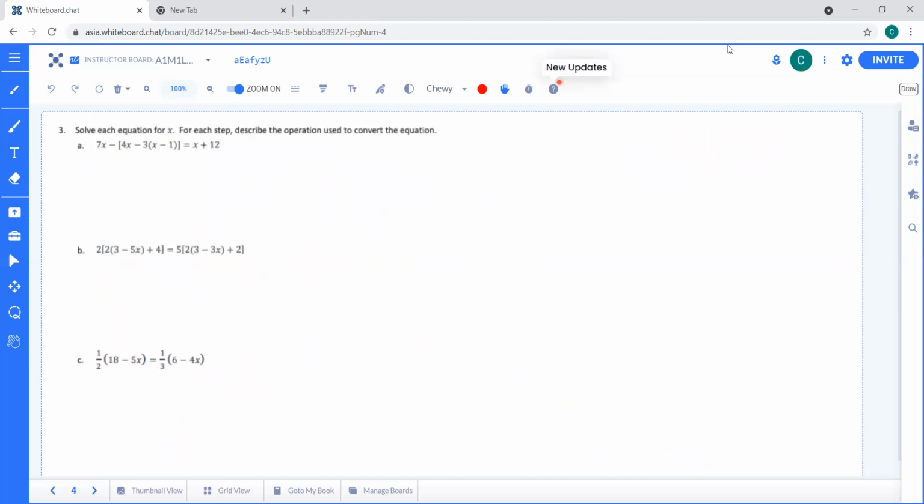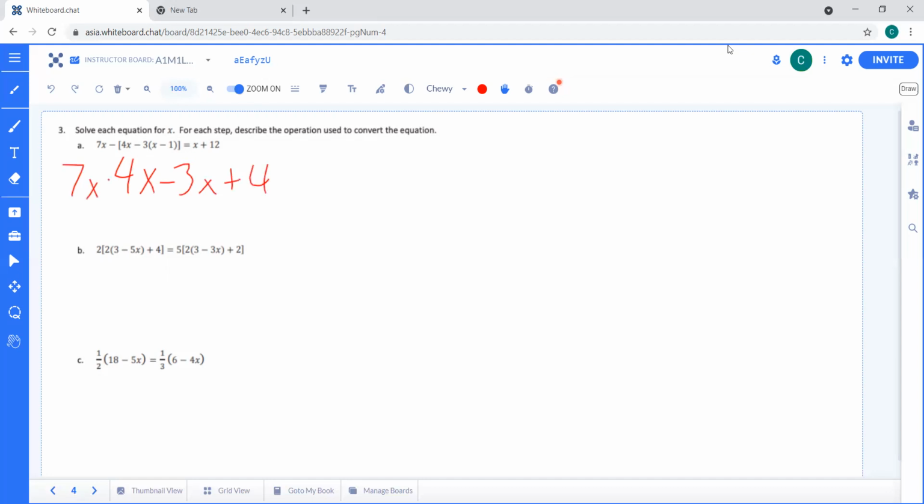All right, let's do another one. Do the same thing. I'm just going to talk you through it. I'm not going to write down everything that I'm saying here. That will take forever, especially with this pen. All right, we have to work within the parentheses. Inside those brackets, we can't do anything except the distributive property. So 4x minus 3x plus 4.